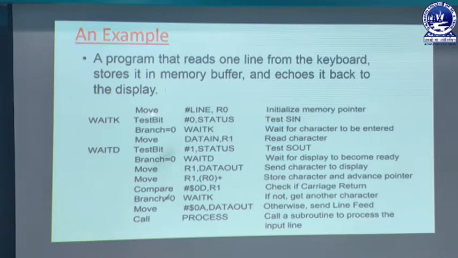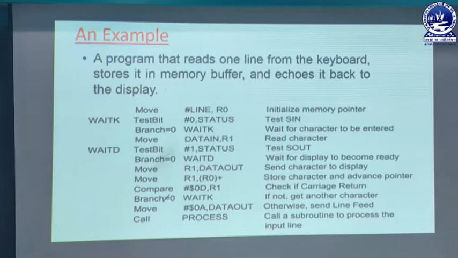So in the first step of the program, we initialize the memory pointer, and then we have to test the status bit of the input device here. Okay, because first we have to provide the input from the keyboard.